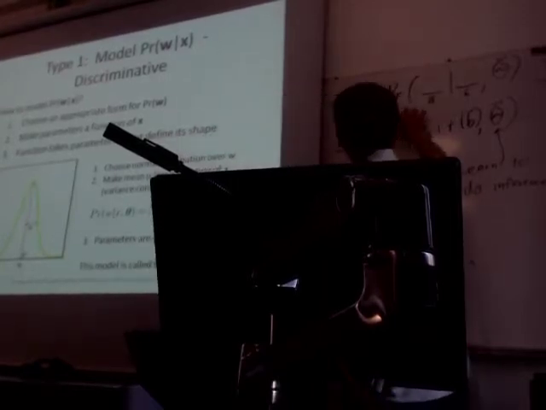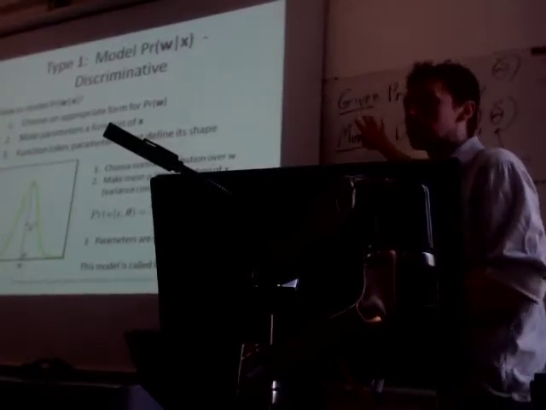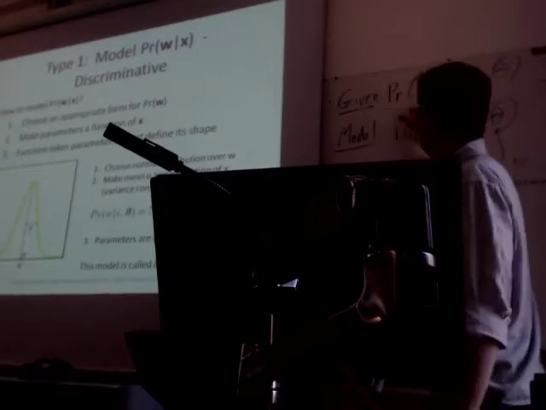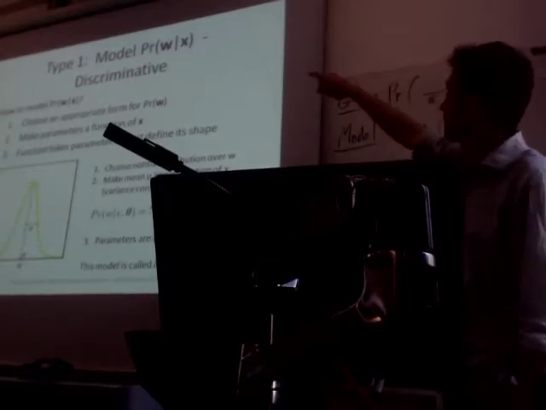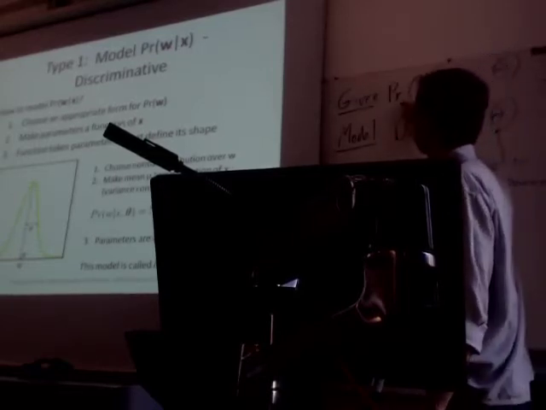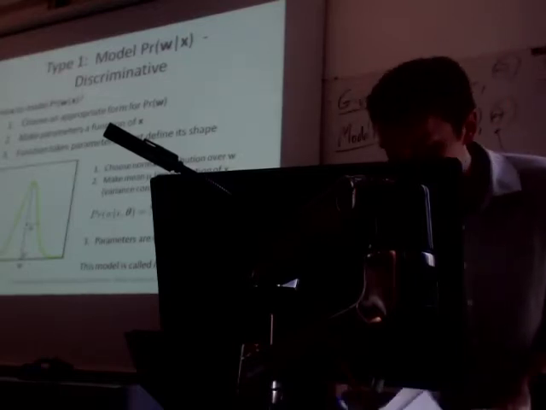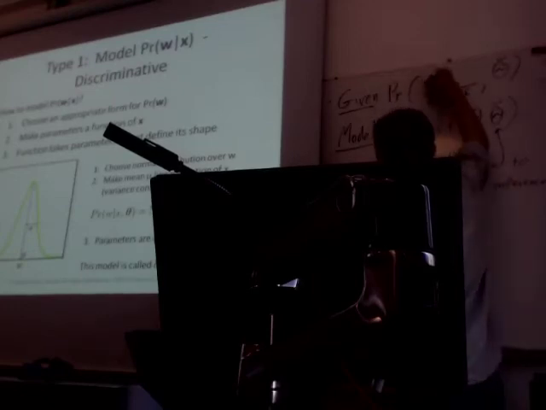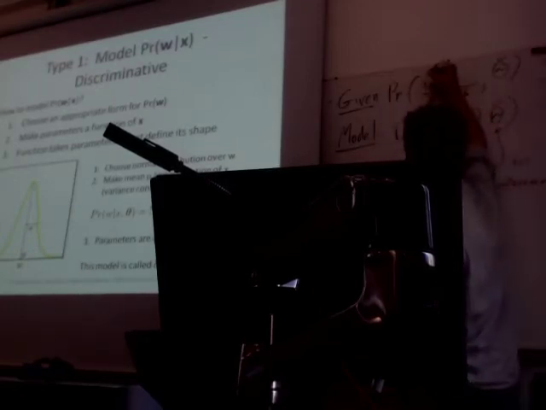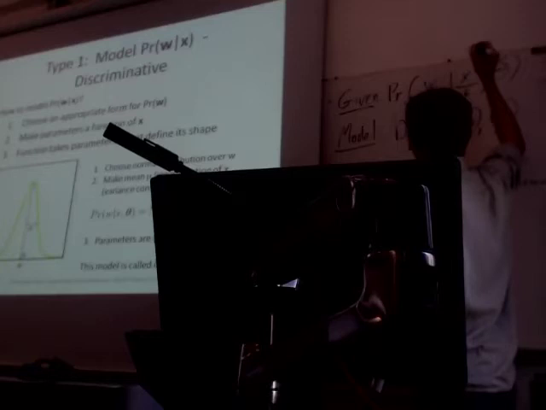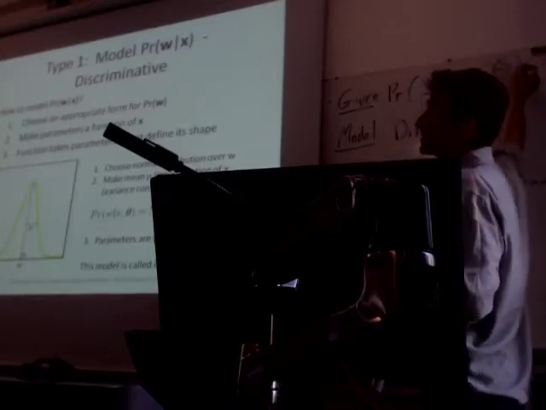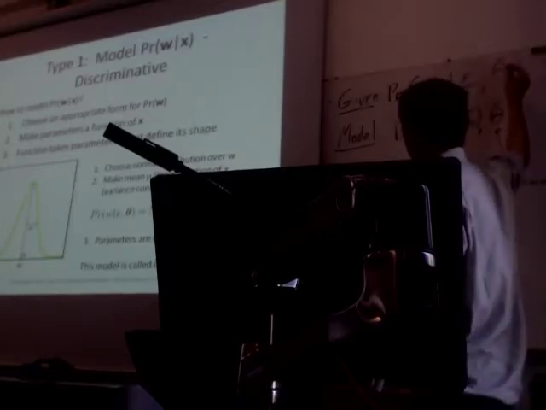Now this is where this might be coming into play, right? So we get to choose which way we're going. Right now we're using the type 1 model, the discriminative model, where we've got probability of world given our data and some theta, right?